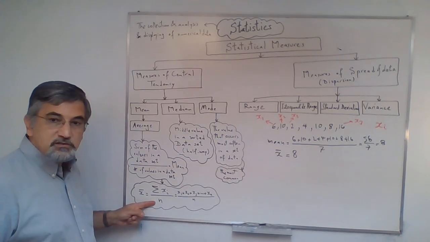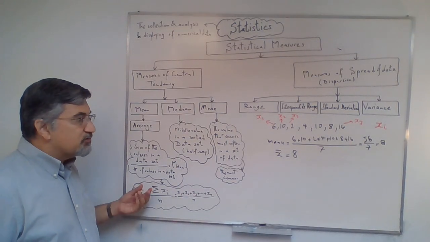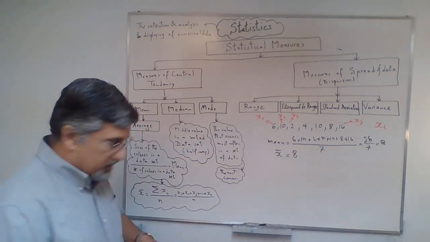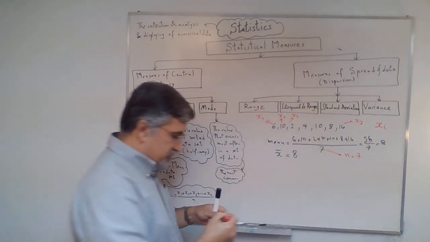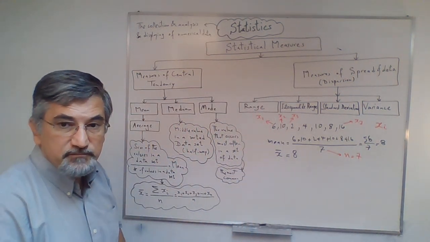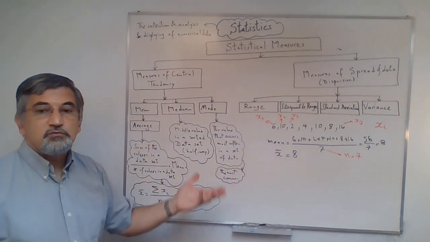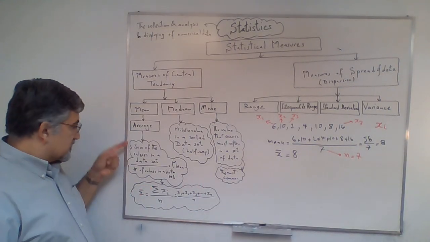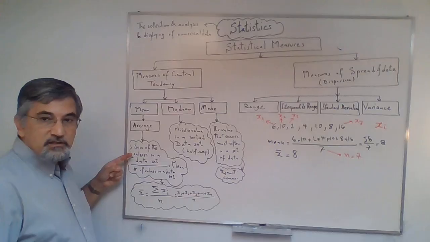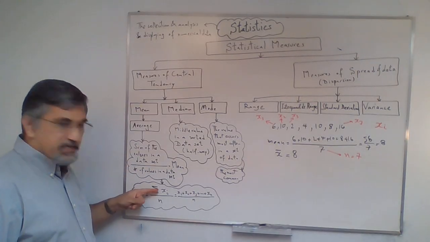The denominator is simply n, and n represents the number of data values. In this case, we have 7. So n equals 7 because we have 7 data values. Okay? If you have 10, n would be 10. So the numerator is the sum of the values in a data set. In mathematical notation, sigma x sub i.